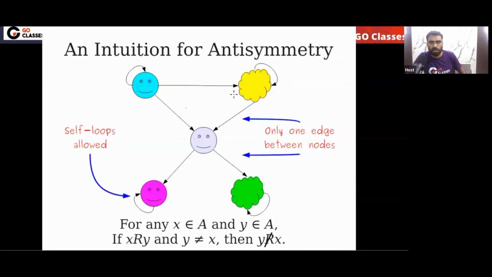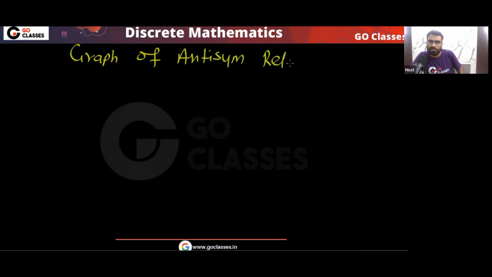And in the graph, what should happen? Can anyone tell me what should happen in the graph of an anti-symmetric relation? Between any two different nodes, you must have at most one edge.